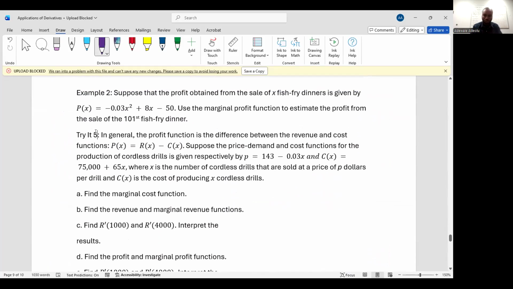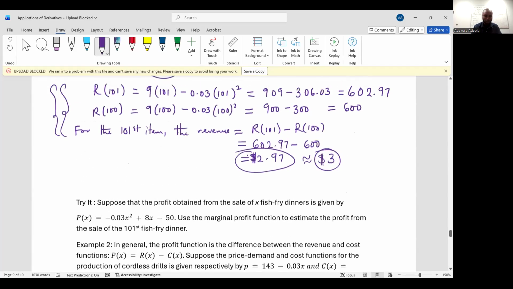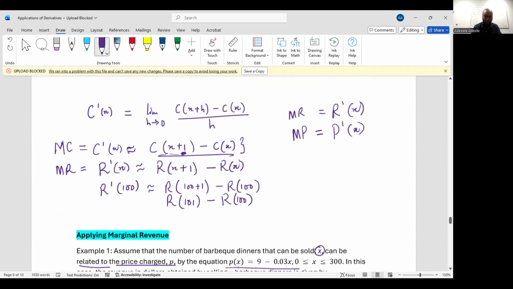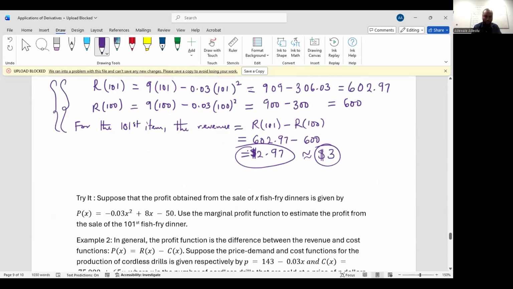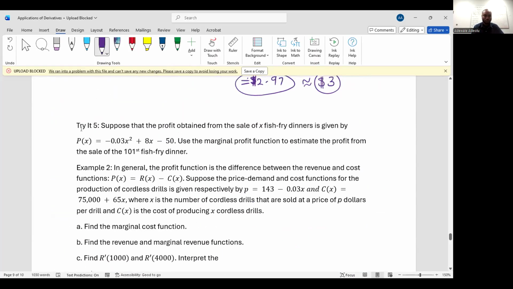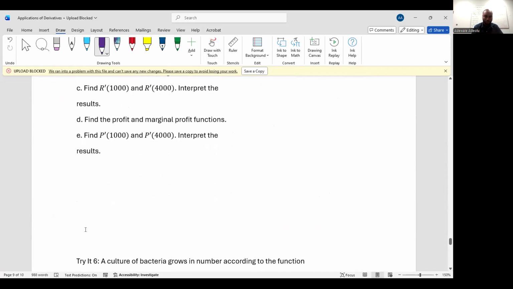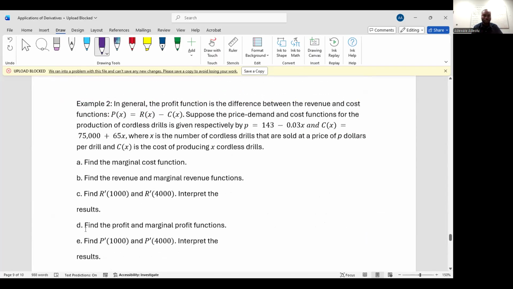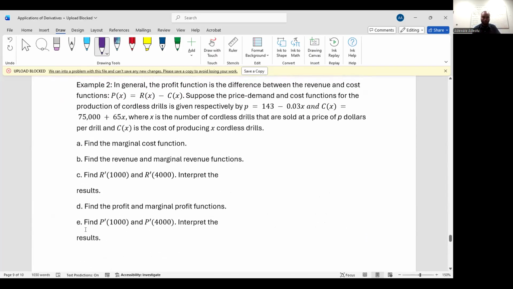I will change this to, again, example 2, and I will just change this to Try it number 5. Okay, now let me solve this one.